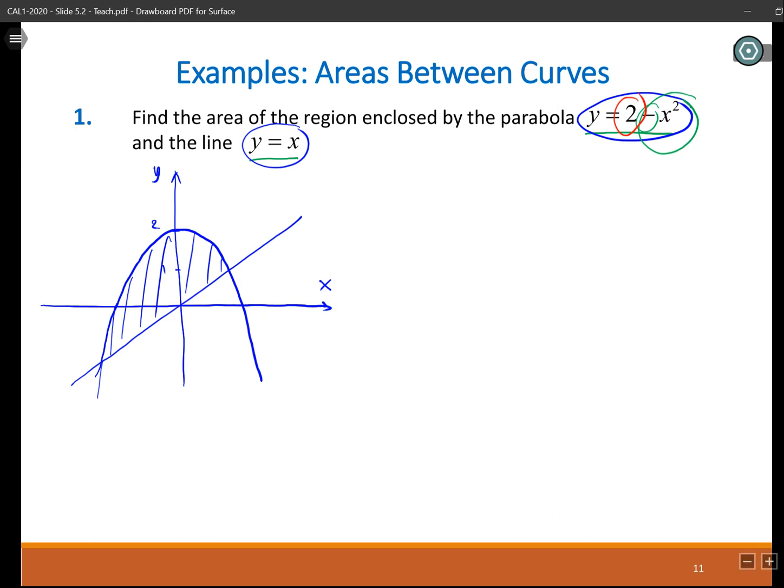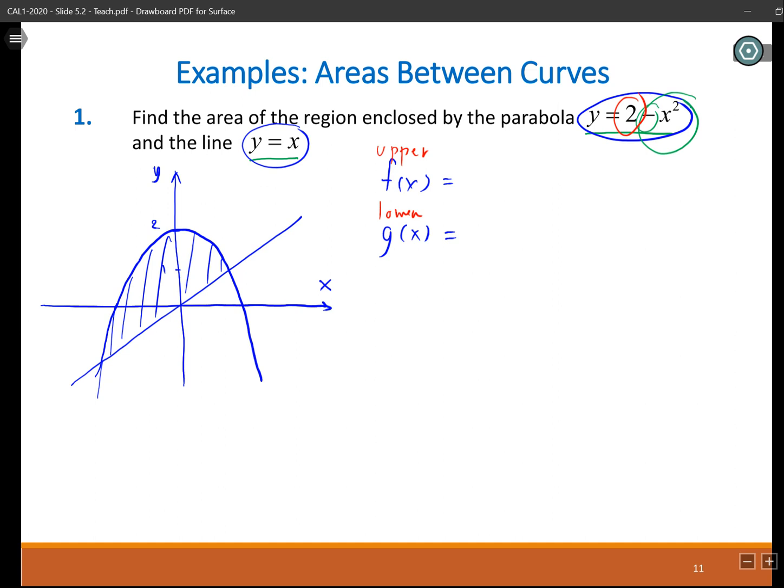Now, the next thing we need to do is determine which one is the upper function f(x). f(x) equals what? And g(x) equals what? You can't just assign f(x) to just any of them. There is an order we need to find out, because we put f(x) for the upper function and g(x) for the lower function.